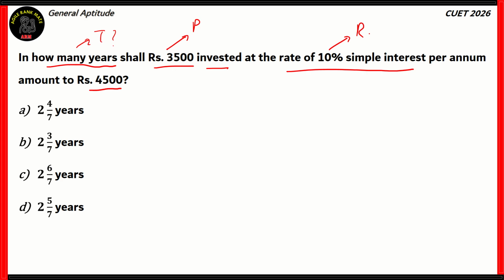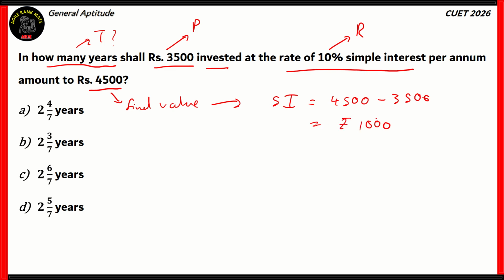The rate of interest is 10%, and the final value is 4,500. So that means our simple interest will be final minus initial, so 4,500 minus 3,500, which is 1,000 rupees. So we know our value of simple interest, we know the principal, we know the rate of interest per annum. We need to find time.